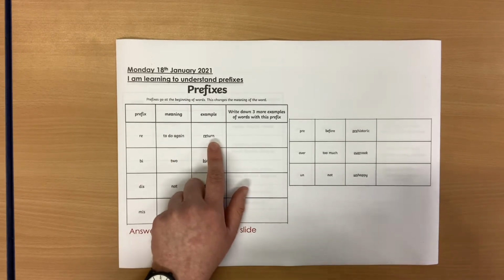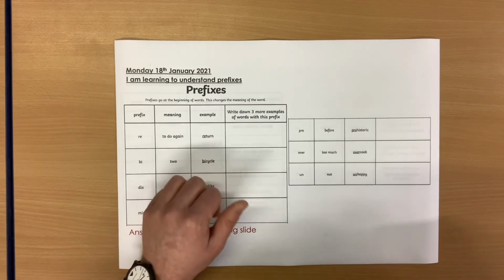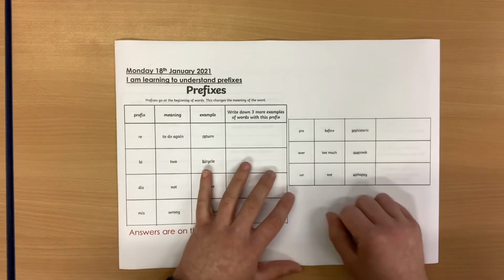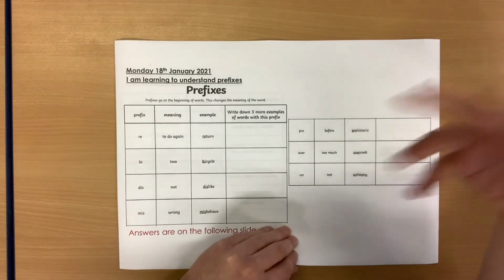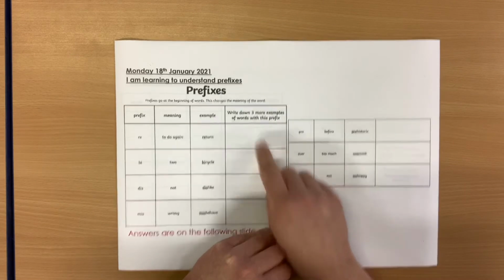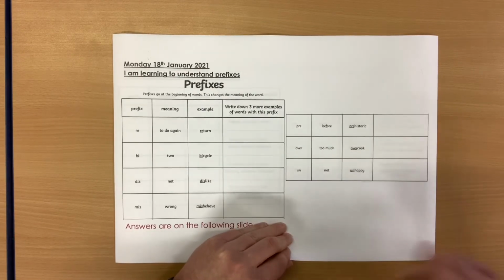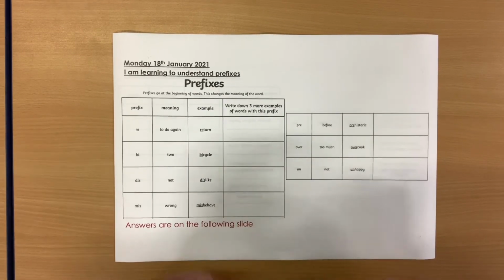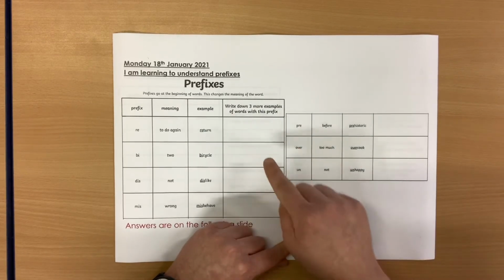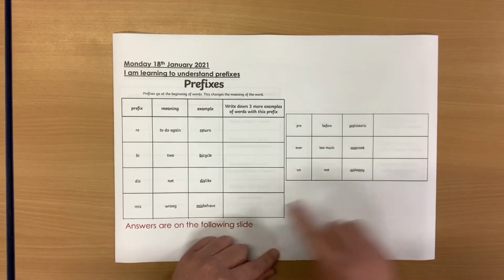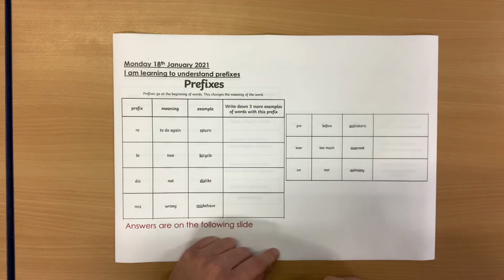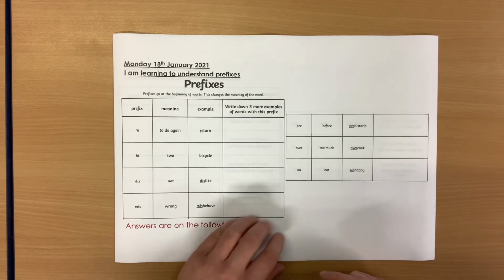Turn means to come back to something, and return means to send it back or to come back to it. Okay, to do it again. Can you think of a couple more examples? Why not pause the video and see how many you can do and see if you can get 3 examples for each one. What I'll do is I'll go through some examples with you.